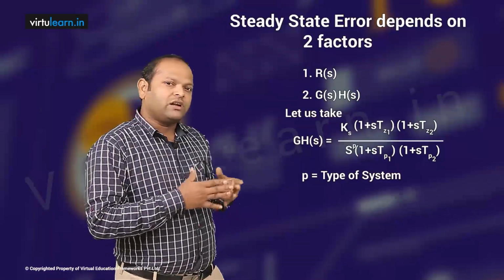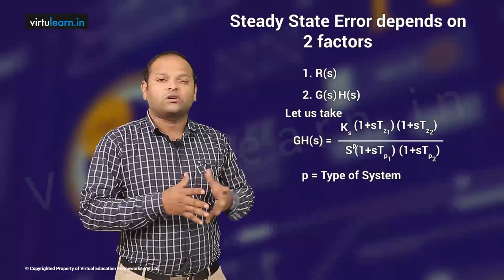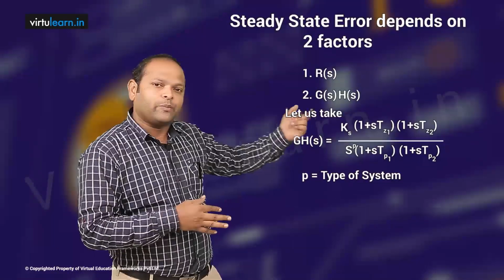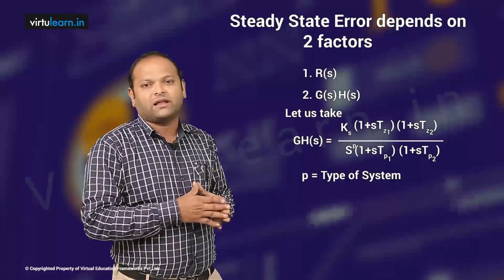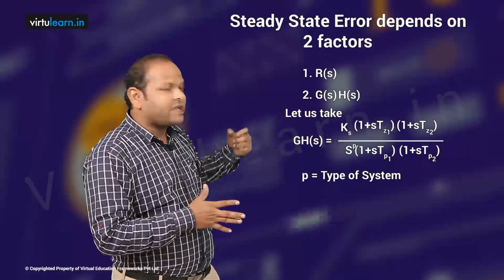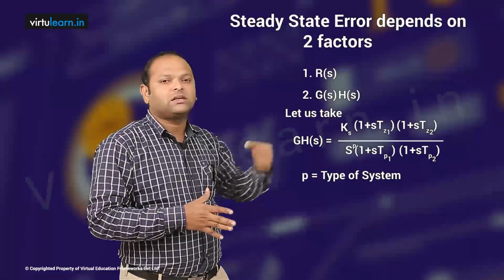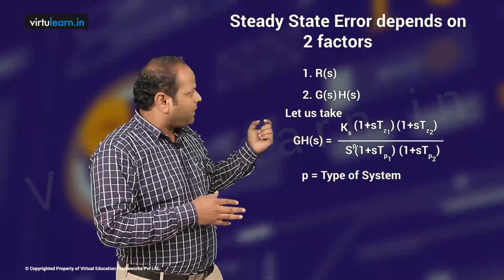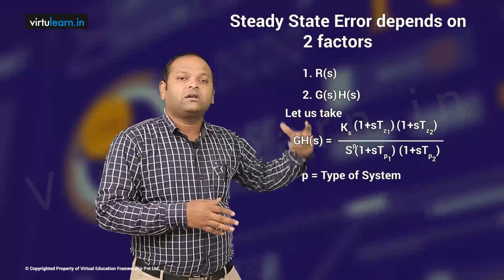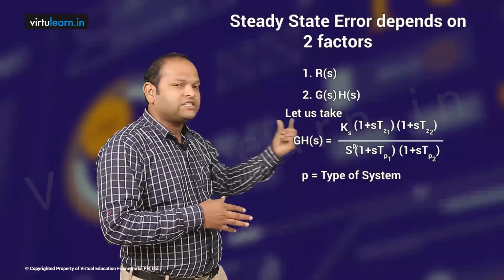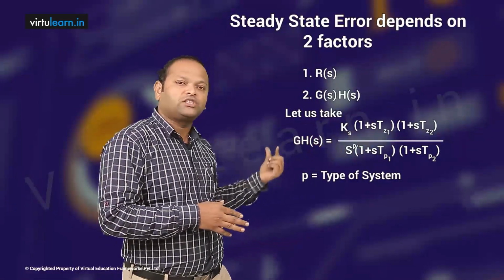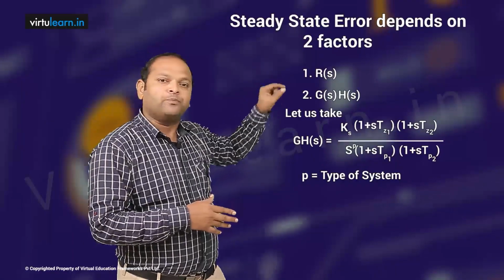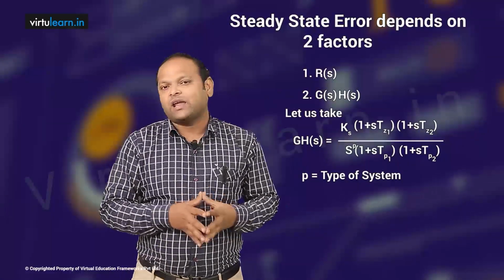So Tz1, Tz2 and so on are the time constants in the numerator, that is the zero related terms, and Tp1, Tp2 are also time constants, the pole related terms, and s power p, p is the type of the system. Means when p is 0, it is a type 0 system, when p is 1 it is type 1, p is 2 is type 2 and so on. Therefore s power p decides what will be the type of the system.